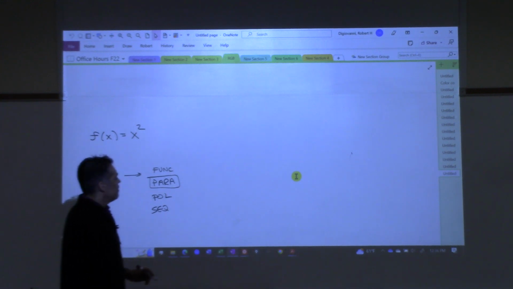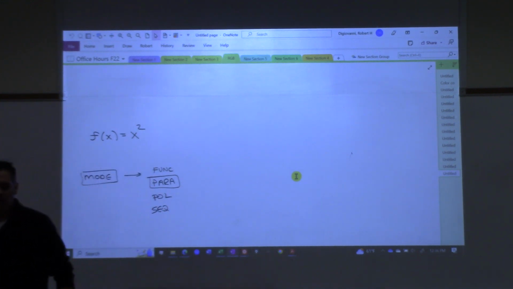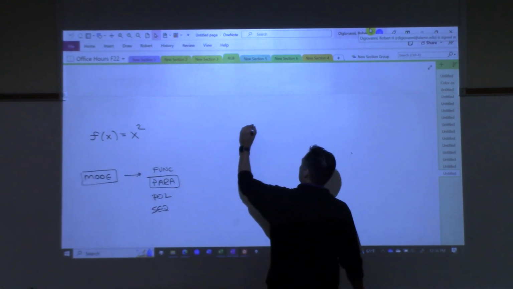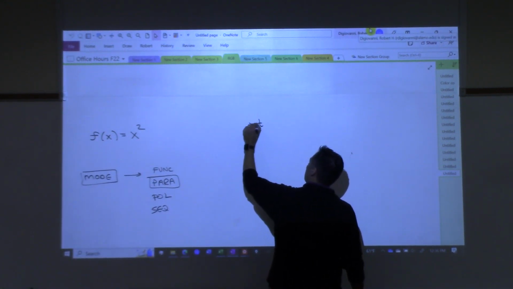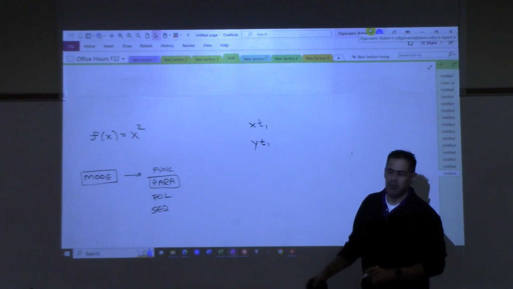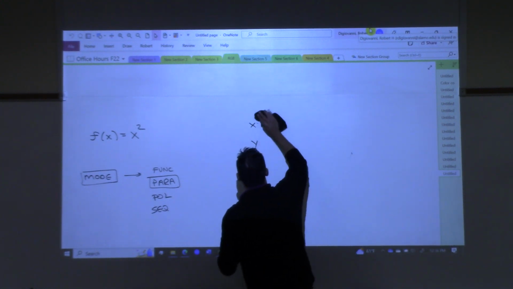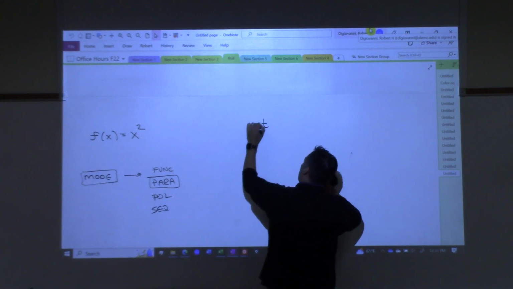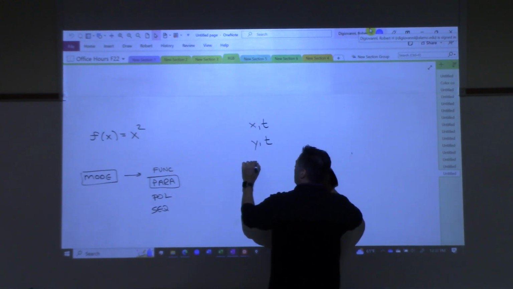It's going to look different now. It's going to have x1t, and then y1t, and then the next one is x2t, y2t.